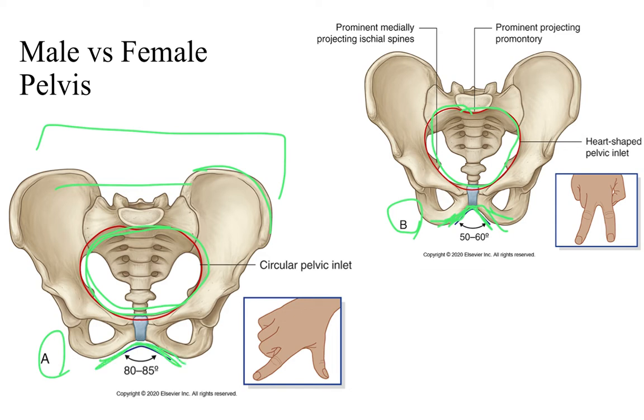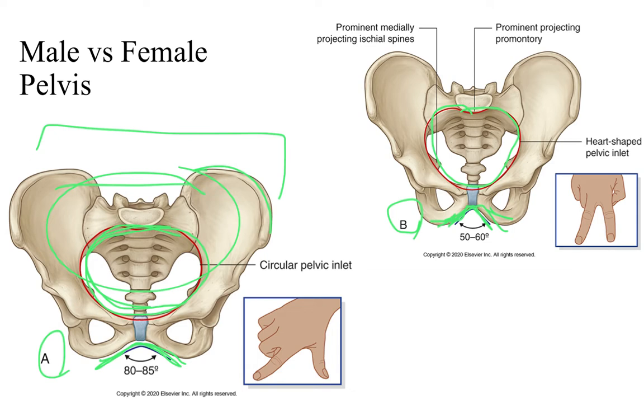And of course, the reason why you have these differences is that when a female gets to reproductive age, if she does indeed become pregnant, this space allows for the growth and development of the fetus and the uterus that the fetus is within, as well as a wider pelvic inlet, thus a wider pelvic outlet, that the baby can be born through.